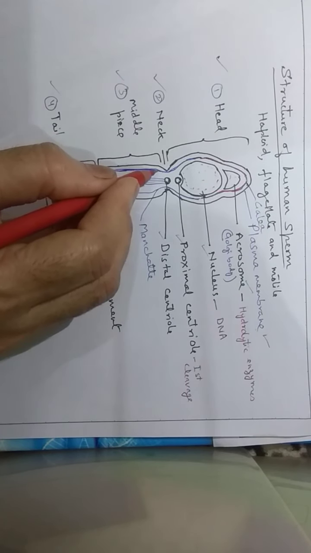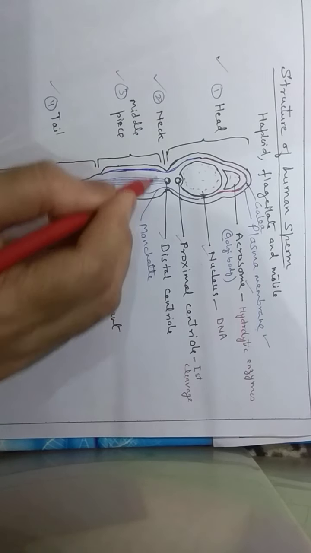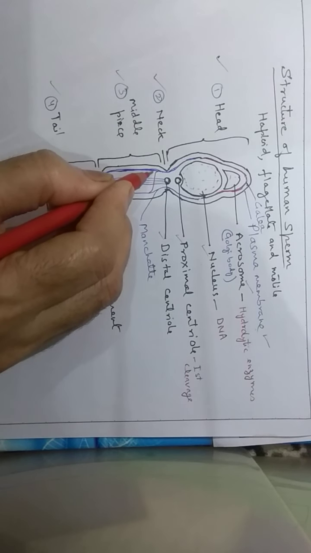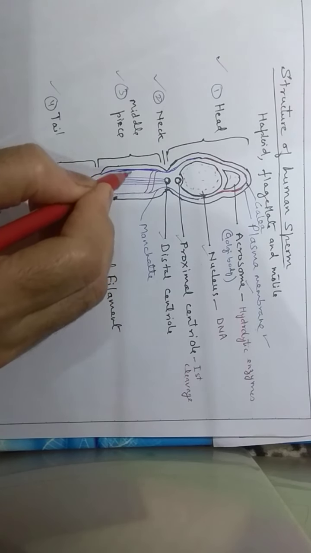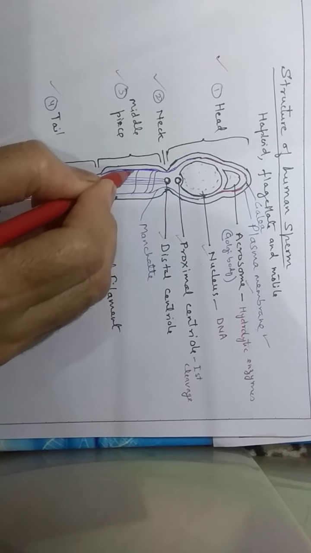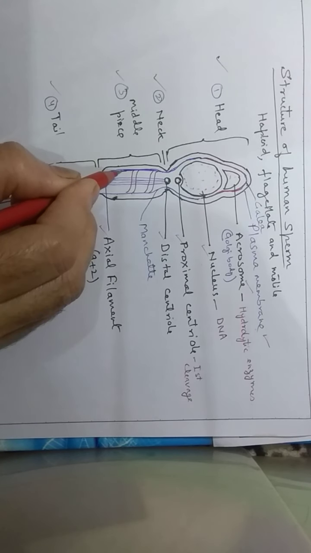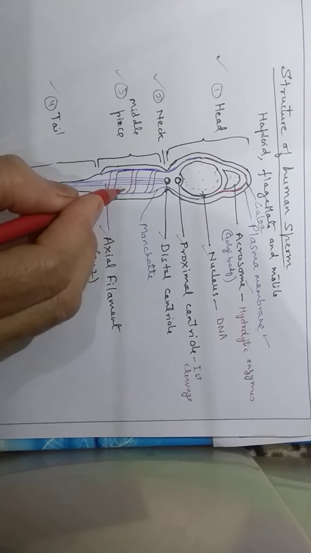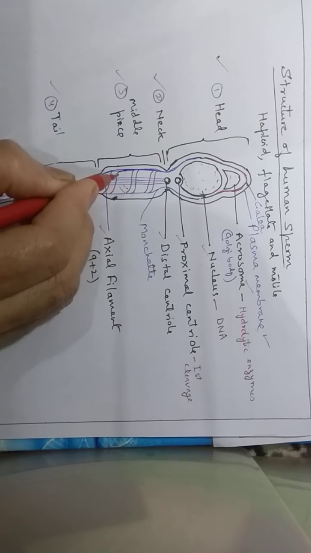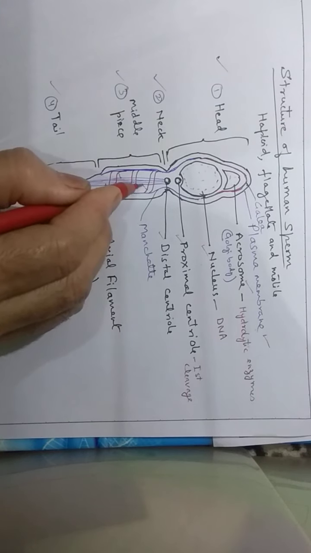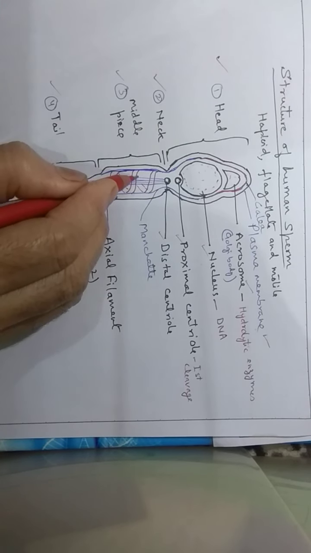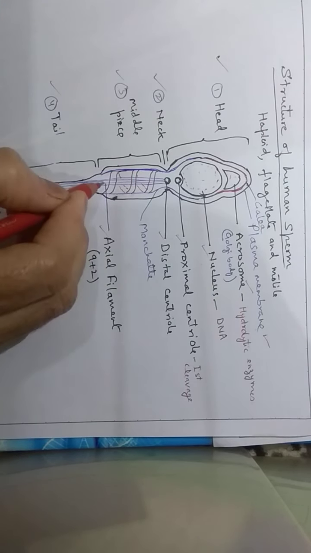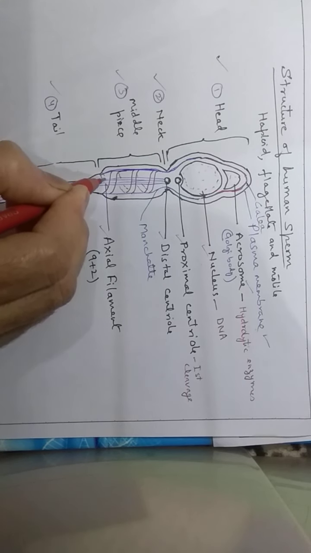The middle piece has spirally arranged mitochondria. A large number of mitochondria is present, and their function is to provide energy.